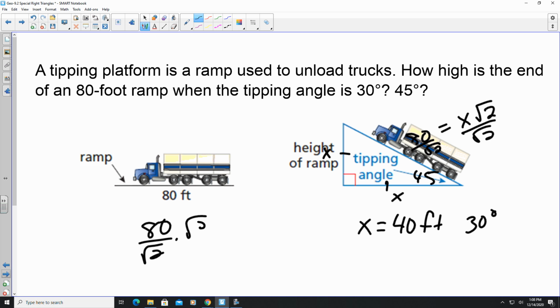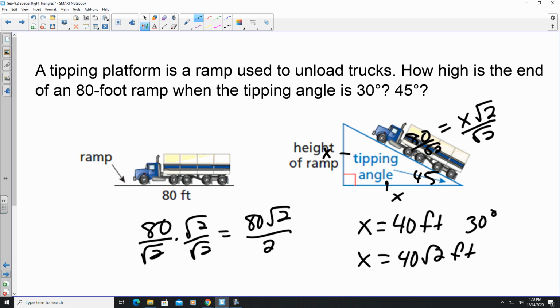Rationalizing, that is equal to 80 times the square root of 2 divided by 2. That means x is going to be 40 times the square root of 2 feet if it was a 45-degree angle. And that is being able to solve special right triangles.